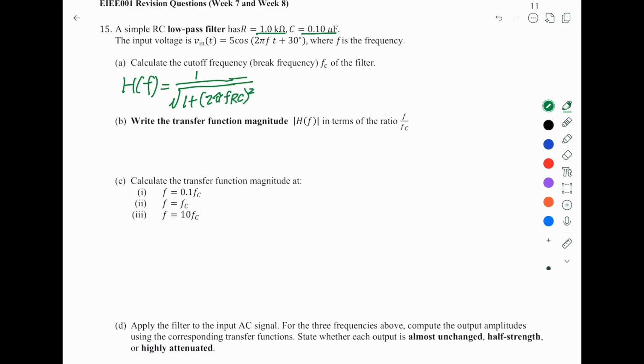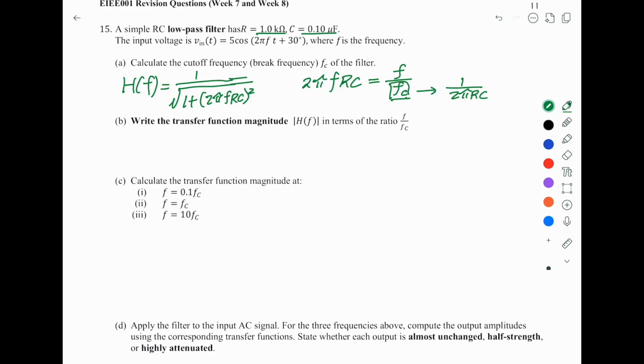Now I want to focus on this factor, 2 pi F RC. I want you to think about how we can write this factor in this form. It's very clear this number must equal 1 over 2 pi RC.